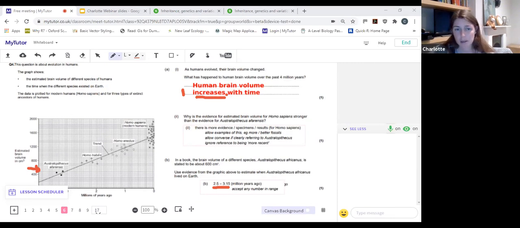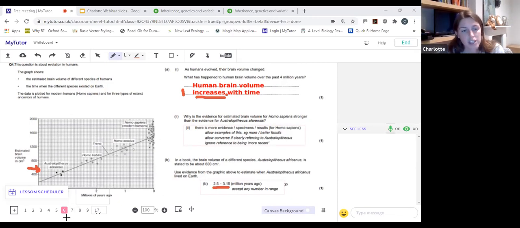And also, it depends. I mean, Australopithecus afarensis probably had a much, much smaller brain than Homo sapiens do now. Whereas within Homo sapiens, and Einstein was a Homo sapien, you're saying that you've heard that Einstein had a relatively small brain. But within Homo sapiens, how much difference does that relatively small change in brain size make to intelligence? Something to think about.